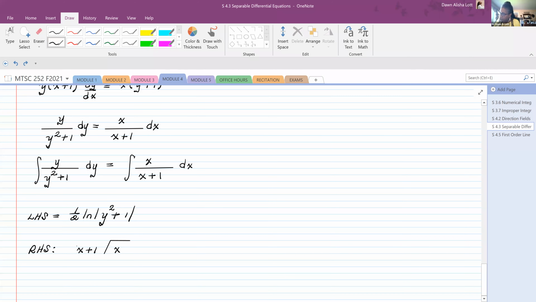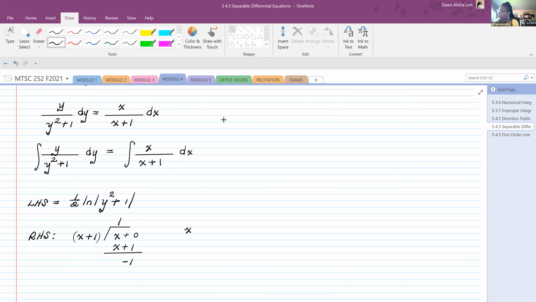All right, so x goes into x one time. I'm going to get x plus 1. There's a silent 0 here. I subtract and I get -1. So now I know that x over x plus 1 is simply 1 minus 1 over x plus 1. So that's what the right-hand side becomes.